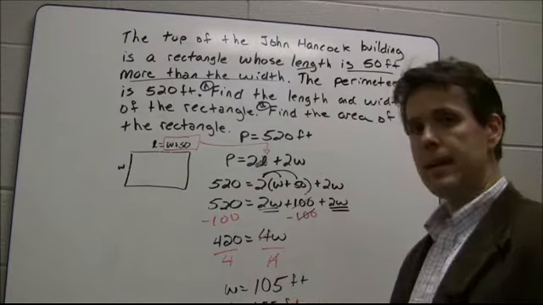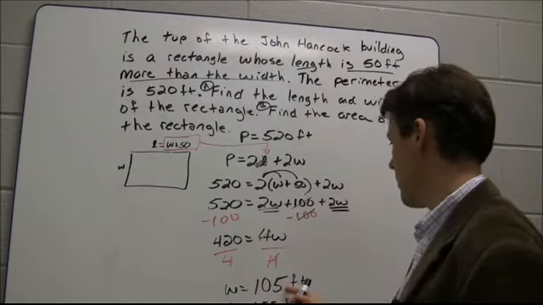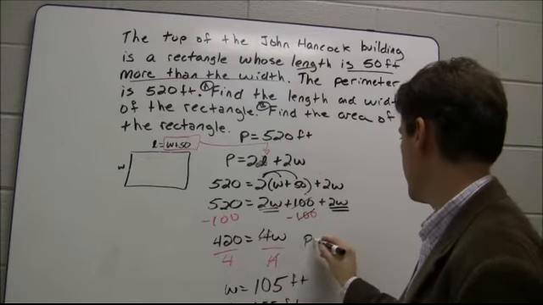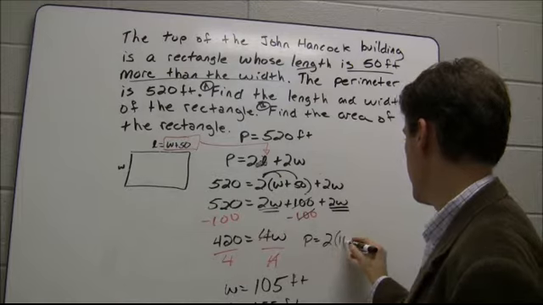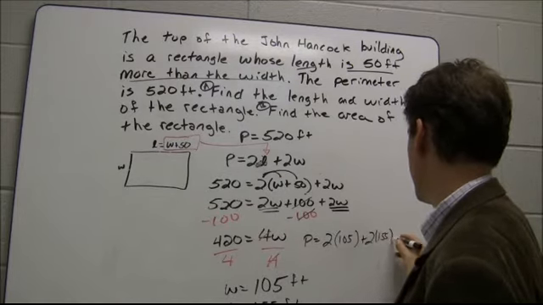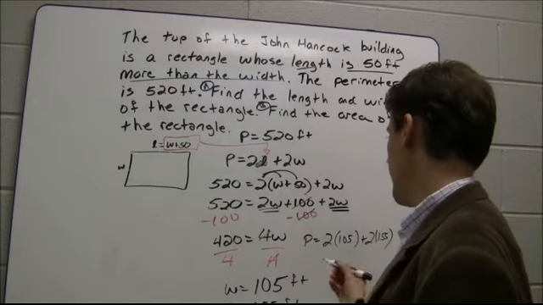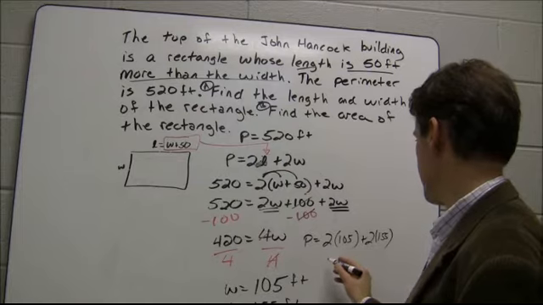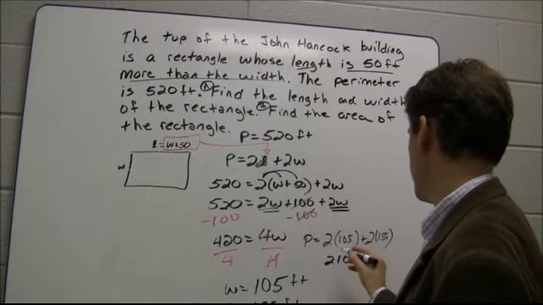And let's see if this makes sense. Add this up and see if it works. So P equals 2 times 105 plus 2 times 155. And you want to see, does that equal 520? So 2 times 105 is 210.